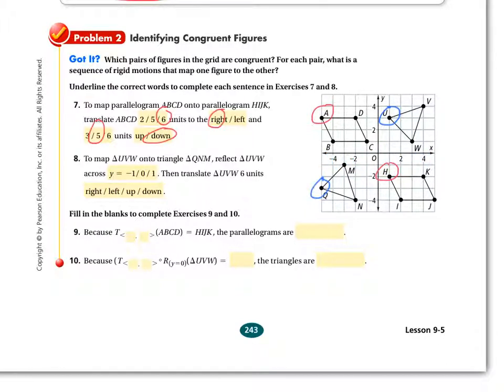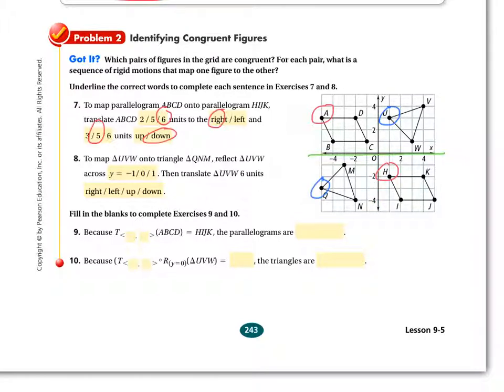So I'm going to put a green line right here, the y equals 0, because I always like to do that. You can put a highlighter through there so you can visually see that distance, and then you can go ahead and plot those points. So I'm going to plot the reflection, because UVW is our original. U is 1, 2, 3 away, so we're going to go 1, 2, 3 on the other side.